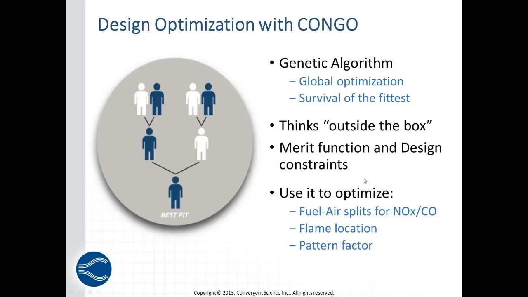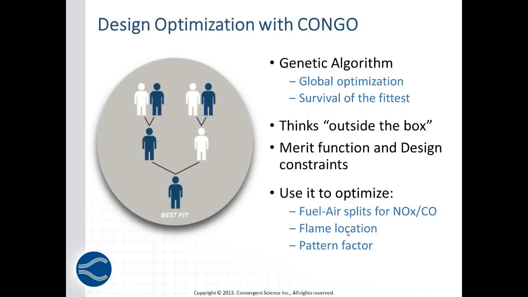So functionally, it can be used to look at fuel-air splits between primary, between core and maybe premixed to get an optimum NOx and CO, because those are two variables that work against each other to a certain extent, and there's always an optimum between them. Then also flame location.